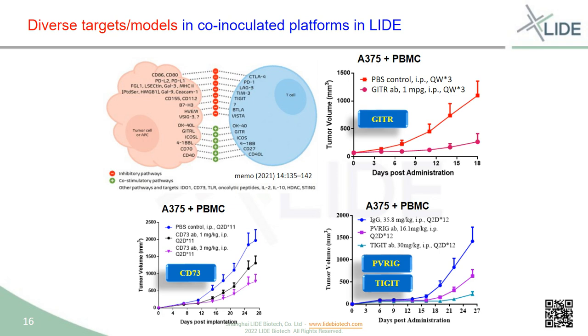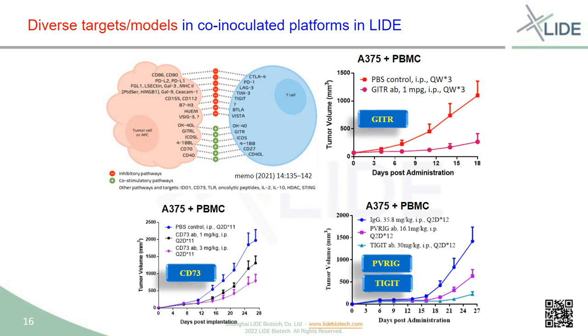In addition to PD1 and PDL1, more and more checkpoints were identified recently, such as CD155, CD112 binding to TIGIT, and HAVCR2, LAG3, VISG3 and VISTA.